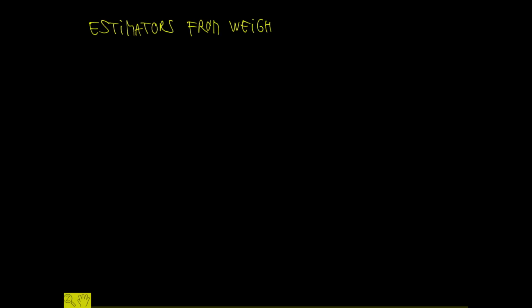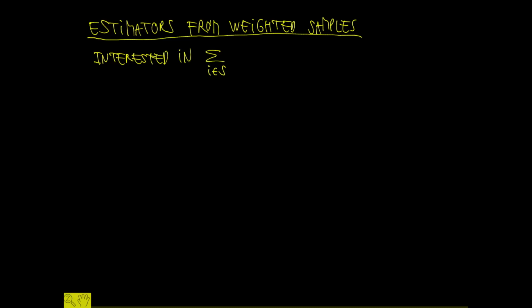When we do weighted random sampling, we are often interested in computing some function of the weights. The simplest case here is when we're interested in the sum of the weights over some set of items. And it's important to stress that this set is not known before sampling, so we cannot adjust the sampling procedure based on knowledge of the set.